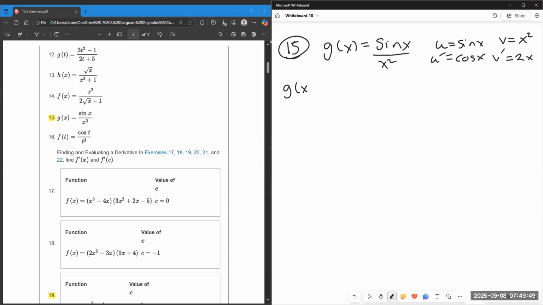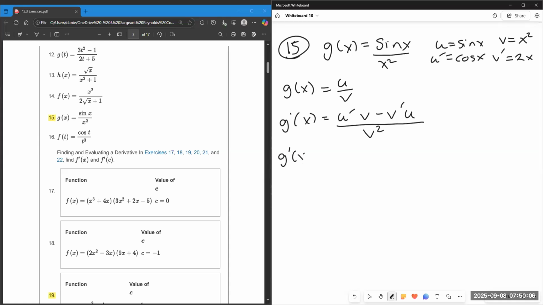So g of x is u divided by v, and that makes g prime equal to u prime v minus v prime u all over v squared.